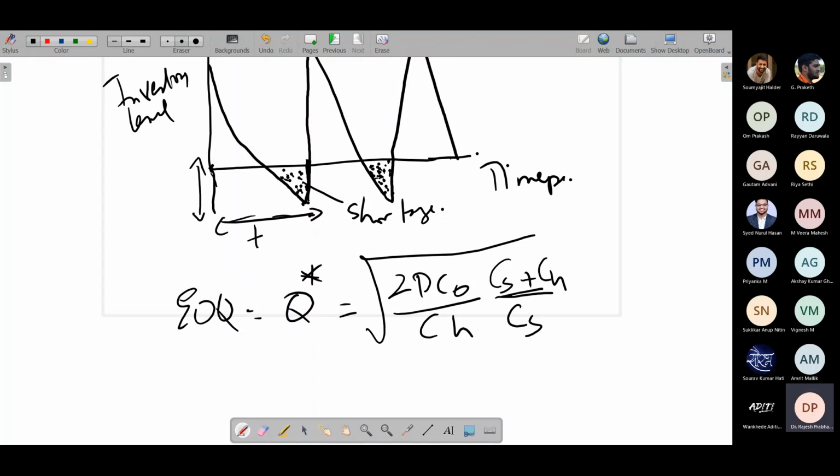So when shortages are allowed, this is the formula.